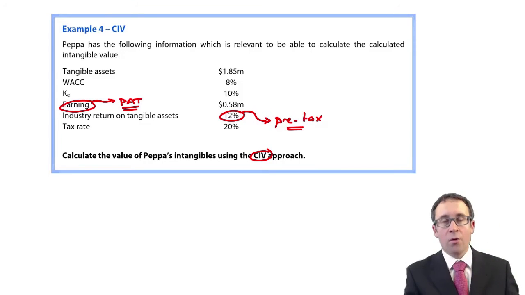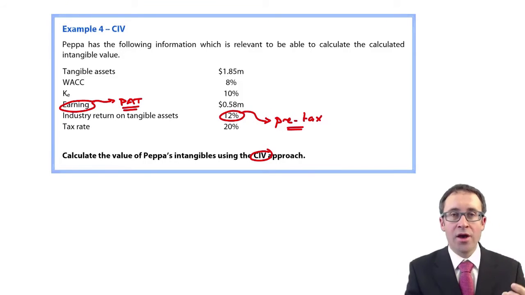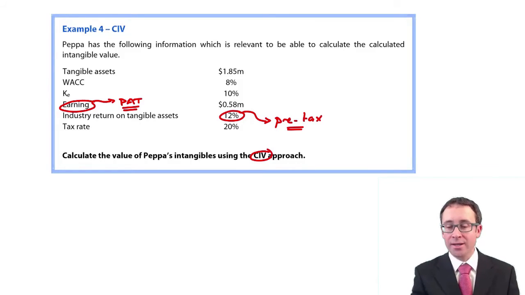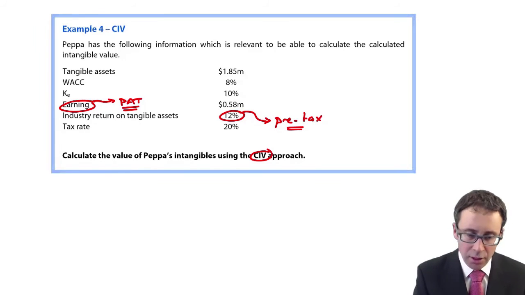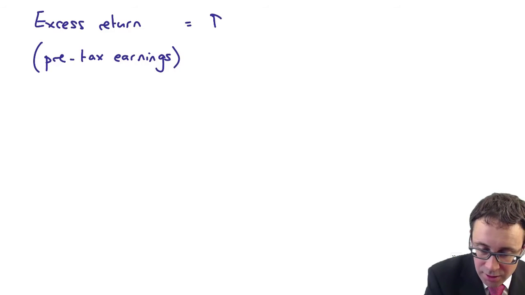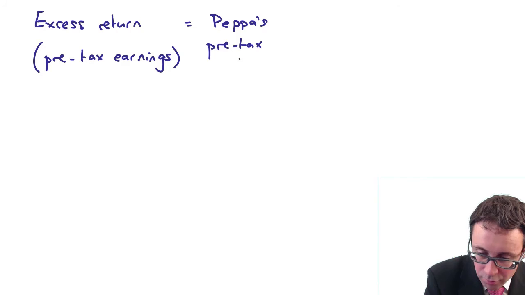So when looking at the earnings that we generate as a business, we need to work it based upon pre-tax. So first of all, we will need to look at Pepper's pre-tax earnings.